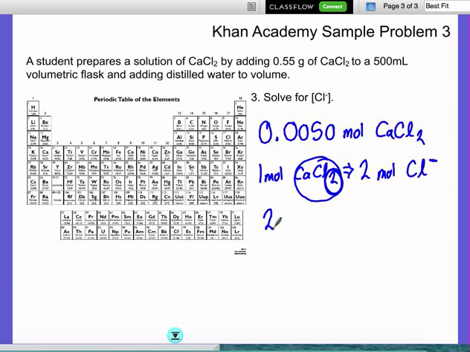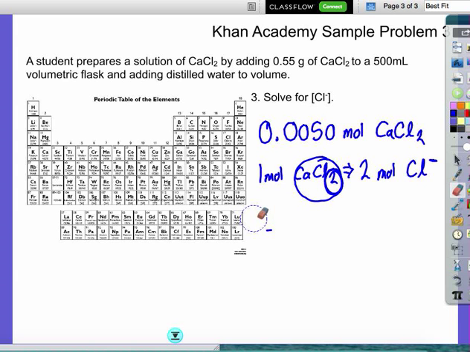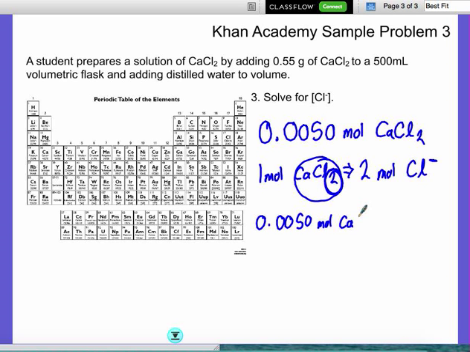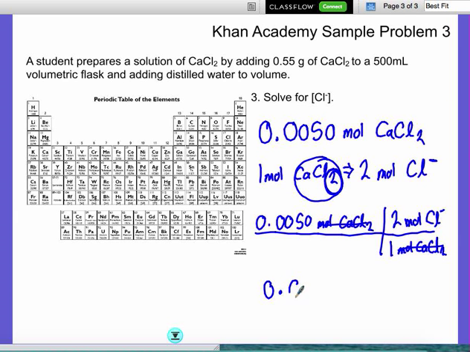We could do 0.0050 moles of CaCl2, and for every 1 mole of CaCl2, we get 2 moles of Cl minus. Cancel out. 0.0050 times 2 means that we have 0.010 moles of Cl minus ions.